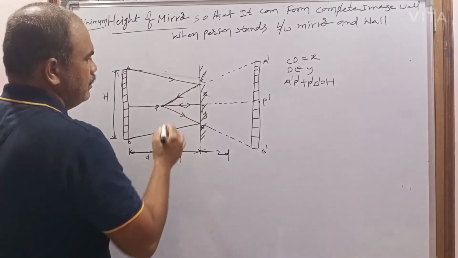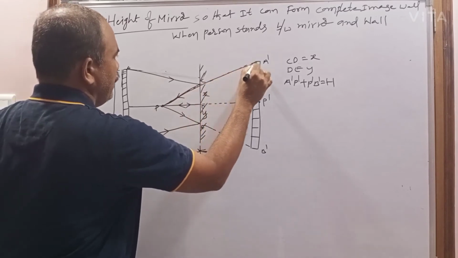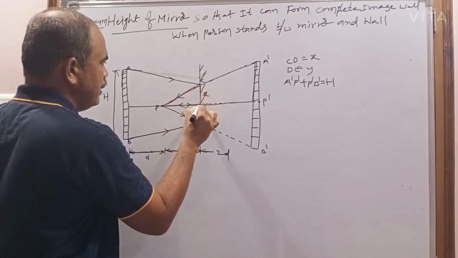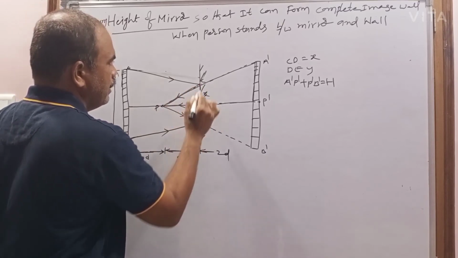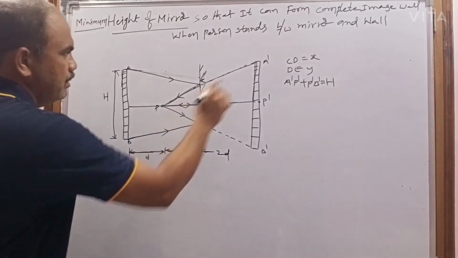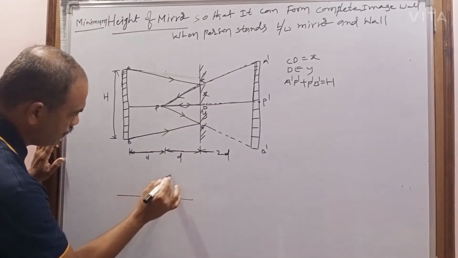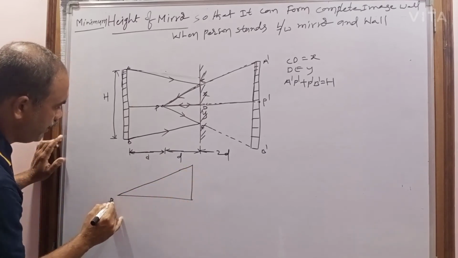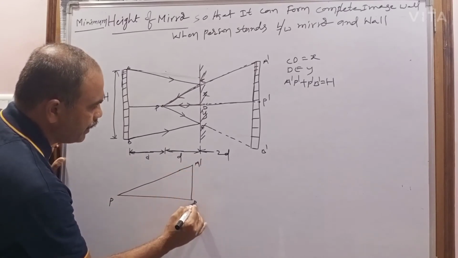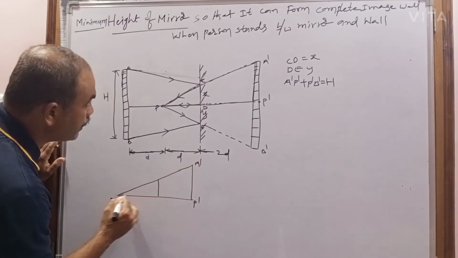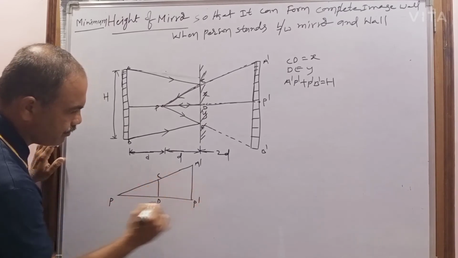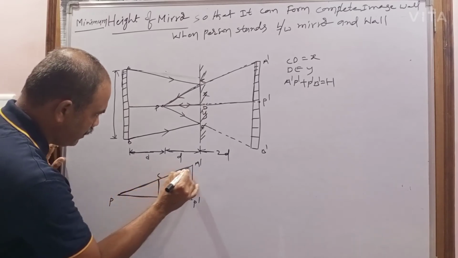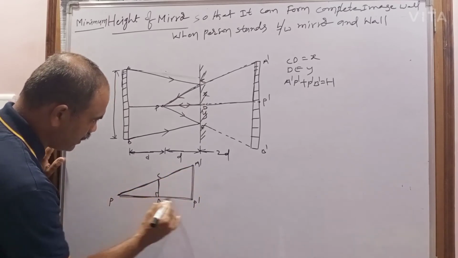One is the triangle P A dash P dash, and the next one is the triangle P C D. These two are similar triangles, and here right angles are there.